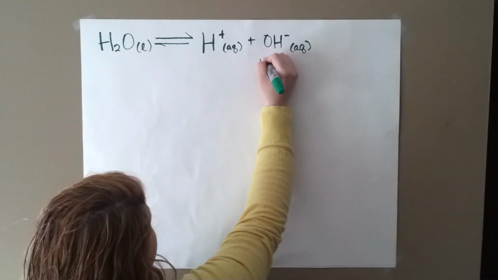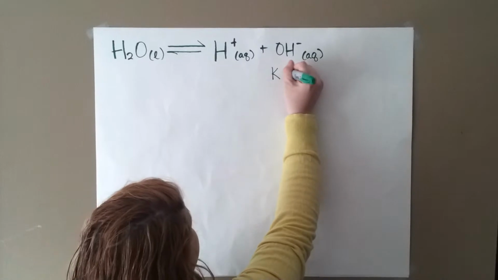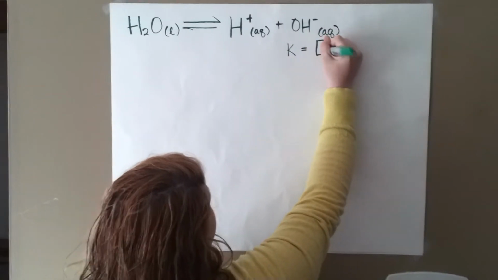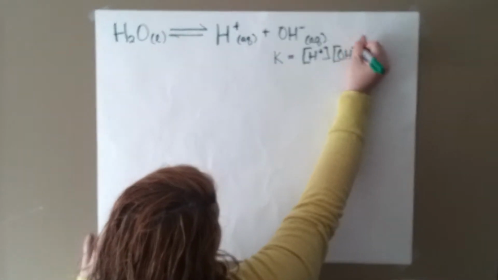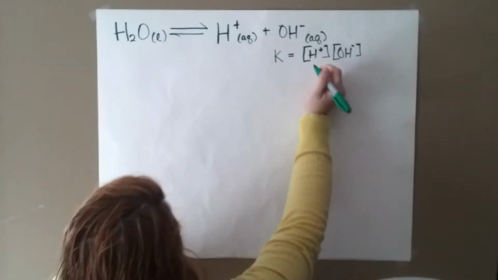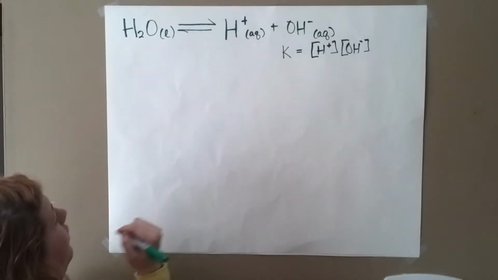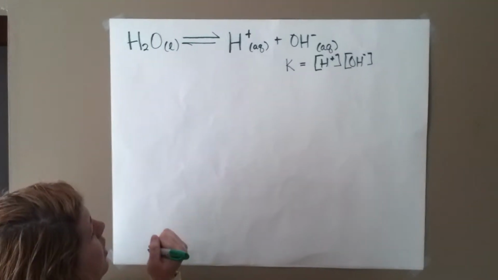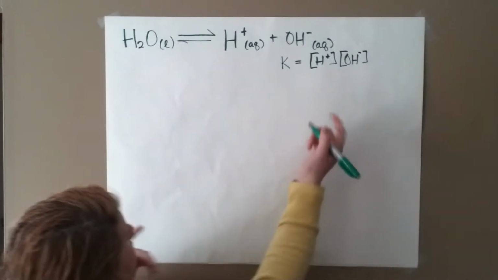If we write the constant for this reaction, it's going to be the concentration of H+ times the concentration of OH-. And then we would normally do over the reactants, but we never include pure liquids or gases in the equilibrium expression, so that's just it.